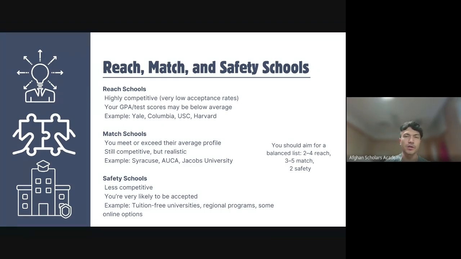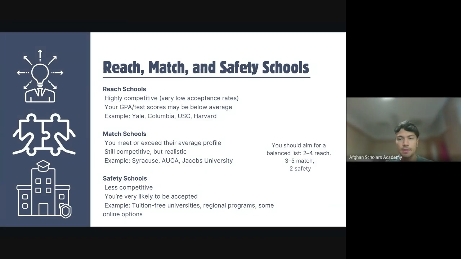If they require a TOEFL score of 100, you have 105. So you match with that school, but they can still be very competitive sometimes. It doesn't mean that you will get into those schools. It means they are competitive, and you just match with that school.